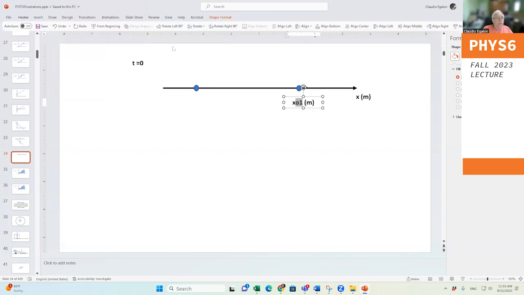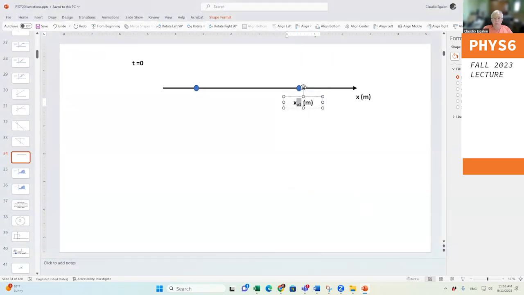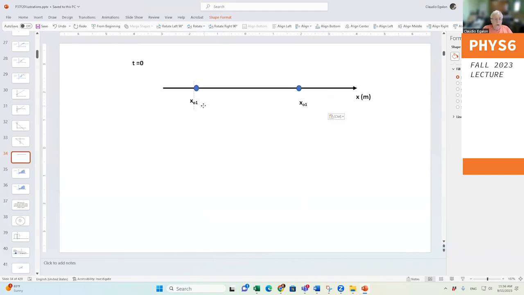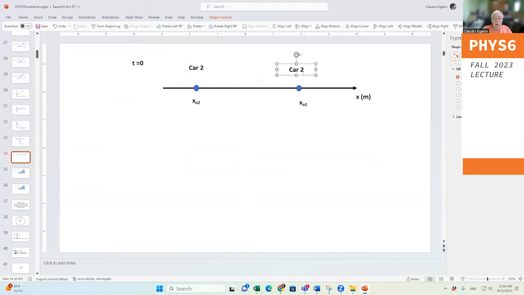So eventually, that's initial position X01 and X02. So I'm even going to label this one car 2 and car 1, so it's very clear, right? I'm also going to depict the velocity of car 1 and 2 with an arrow.